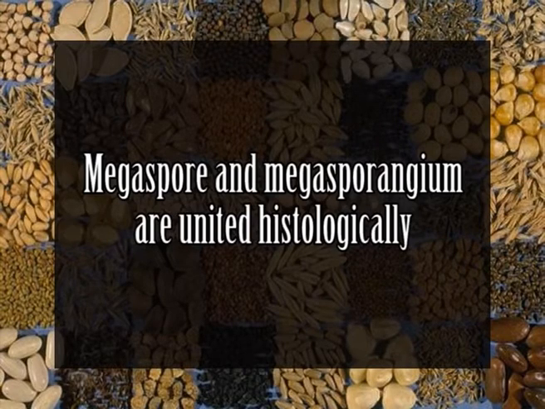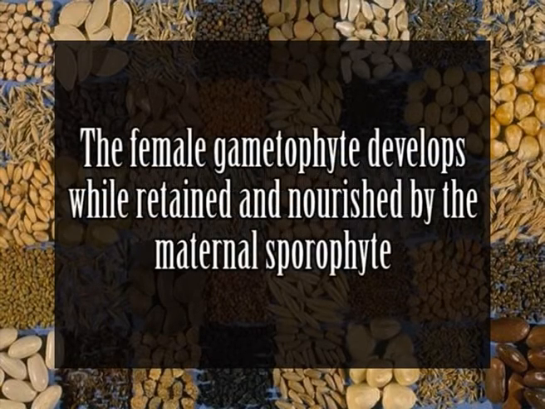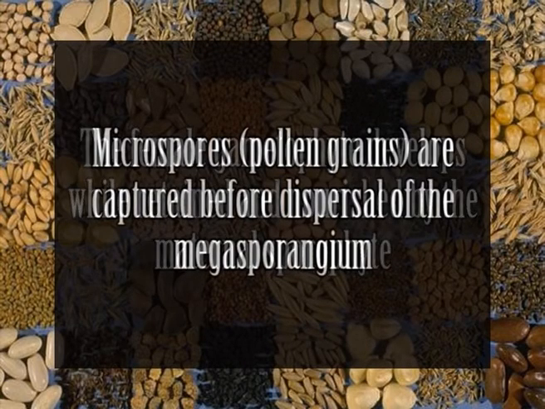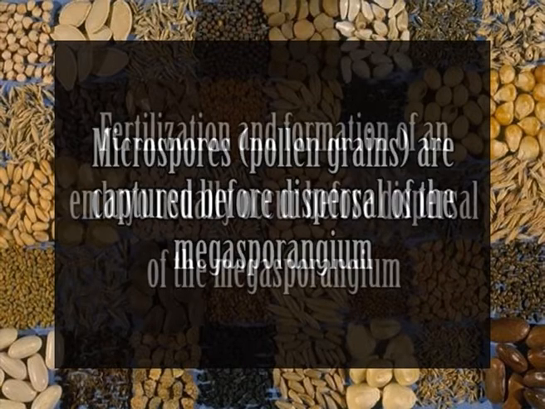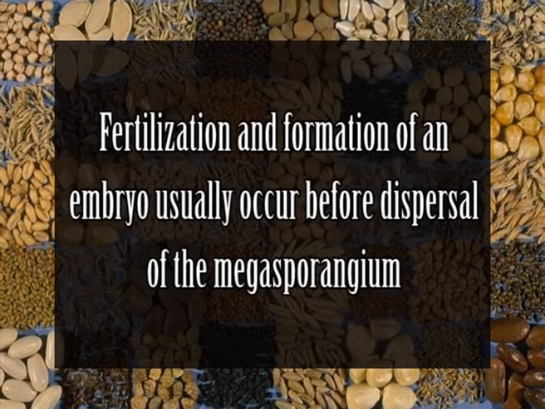And one more important character is that the female gametophyte develops while retained and nourished by the maternal sporophyte, a very important character. And microspores, pollen grains, are captured before dispersal of the megasporangium. One more thing is fertilization and formation of an embryo usually occurs before dispersal of the megasporangium.